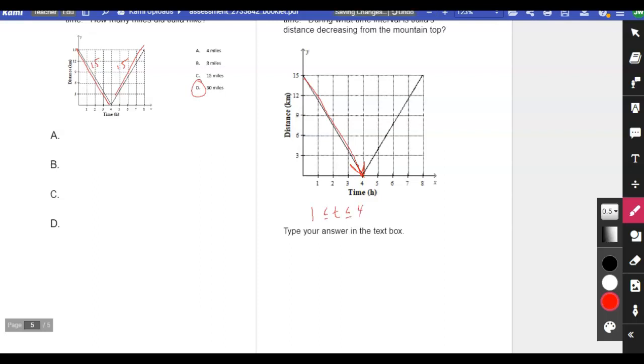And it makes me kind of wonder what's going on here. Maybe some of you are cheating during this test, because it seems really weird that 5 or 6 kids all say 1 less than or equal to t less than or equal to 4, when really we started over here and this point is at 0. So it's not 1, it's 0.